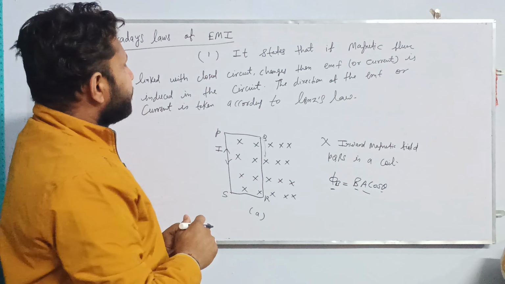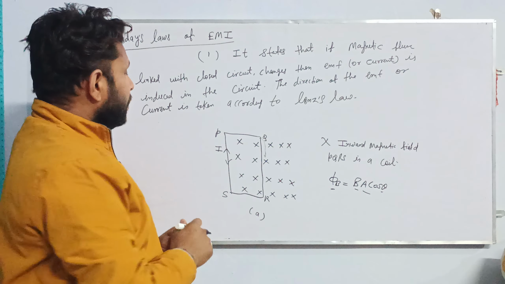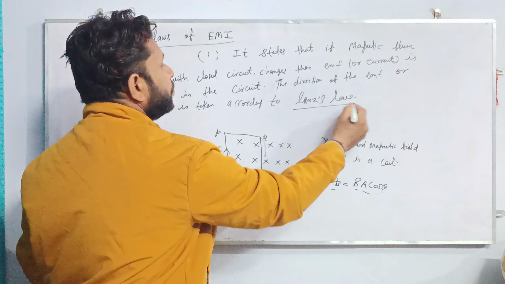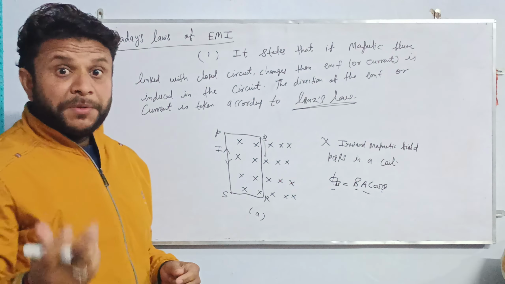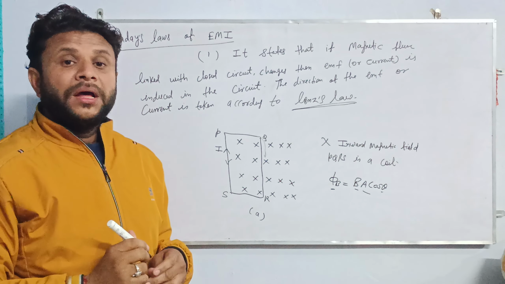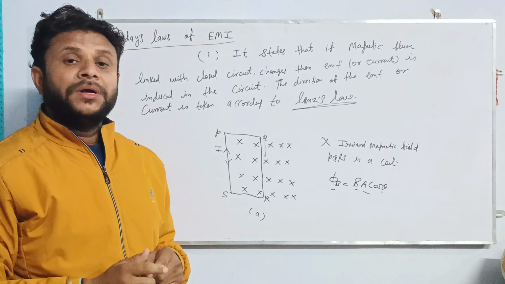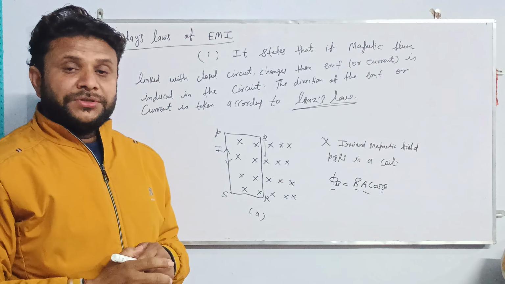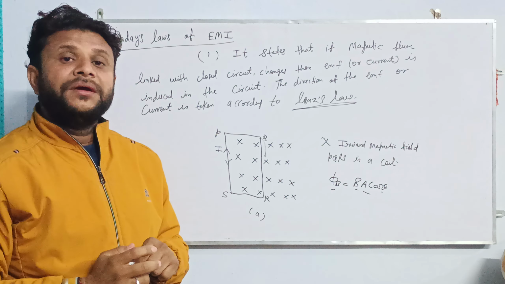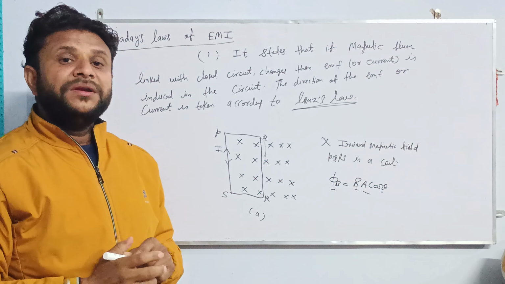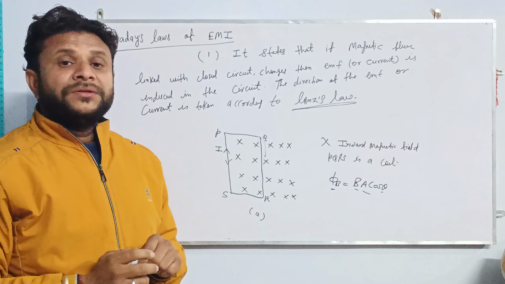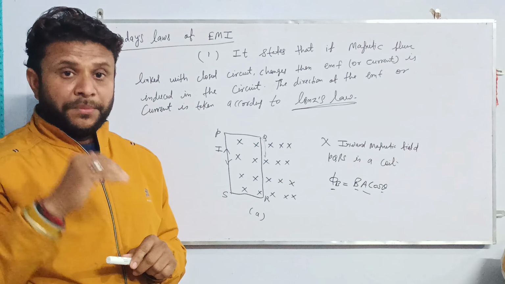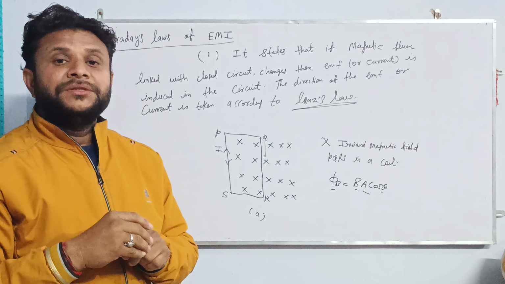Okay, students, after this I am going to explain Lenz's law. And before explaining Lenz's law, I will explain a current loop: according to the direction of the flowing current, how the magnetic field is generated below or on the upper side of the loop.